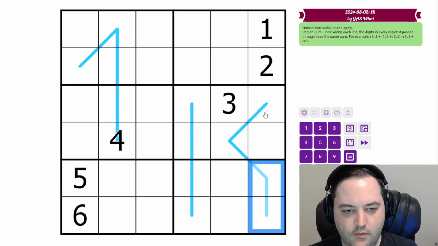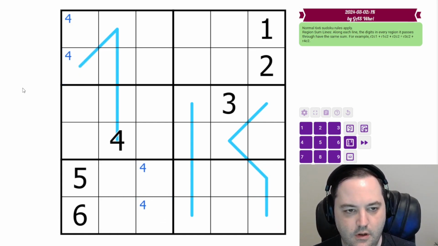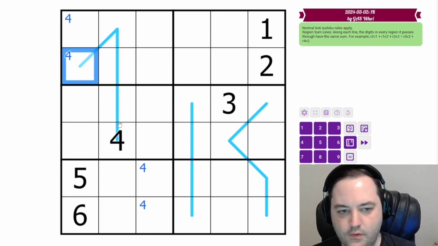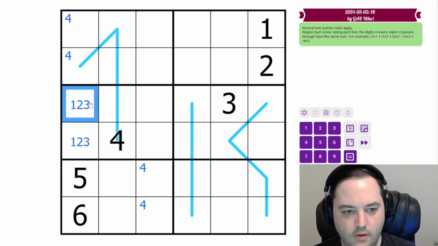So where to start in this one? So we know these aren't 4. There's 4 here. There's 4 here. This could be 4. It would be saying that this equals these together. 1, 2, 3 here.